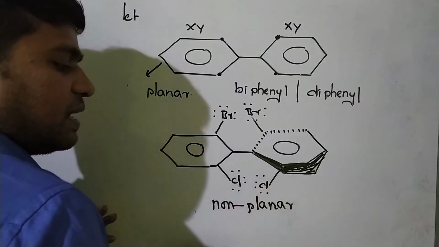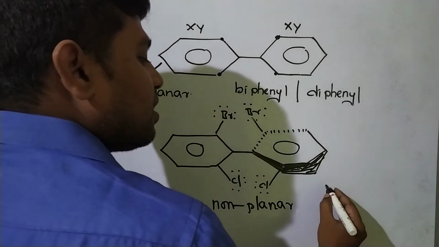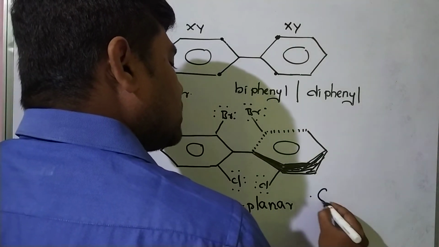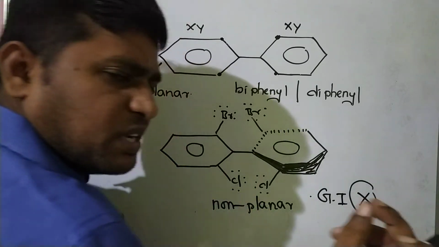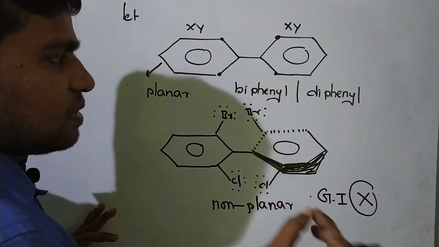Non-planar molecules do not show geometrical isomerism. Simple judgment, very easy concept.